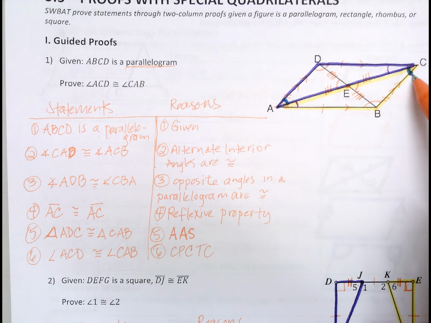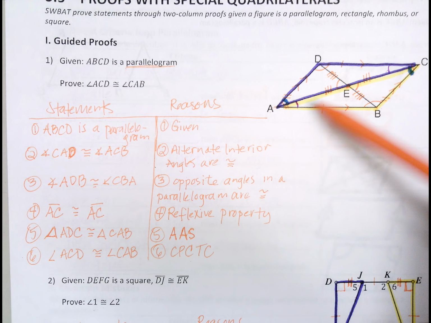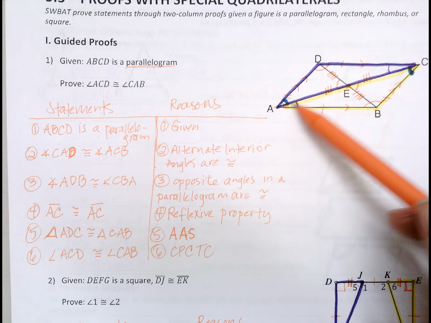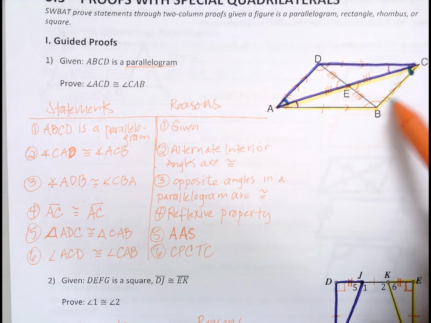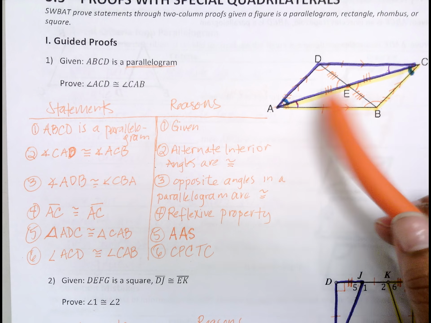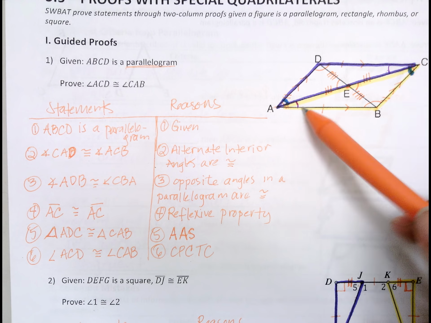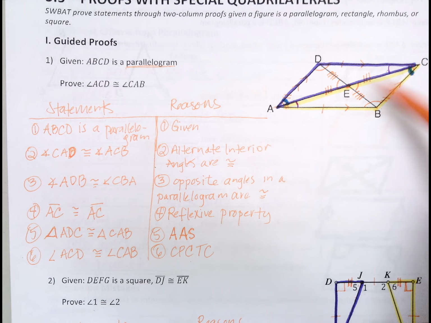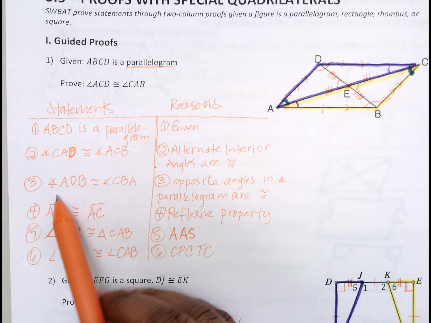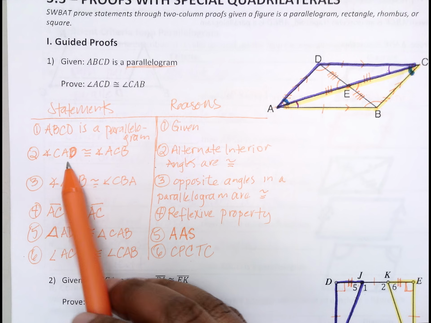And by that same token, these two angles are going to be congruent to each other, because if this is your transversal, these are your parallel lines, then of course, if these two angles are congruent, then those two are too, because they're both a set of alternate interior angles. But we're going to go a little further, and I'm going to explain to you why in a second. All right, you can't stop the proof right there.